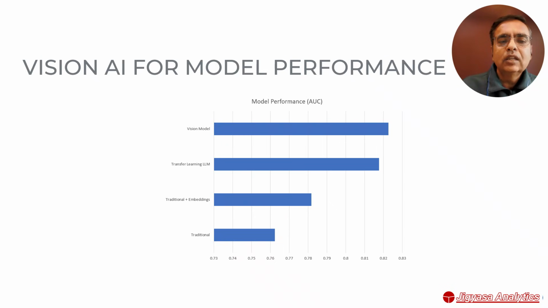And as you see, from the traditional model to the end where we are actually using vision models, the performance has gone up quite a bit, and there is a lot of opportunity for us to improve the quality of our credit risk scorecards using large language models, vision AI, and get to being a lot more efficient in managing our credit risk.